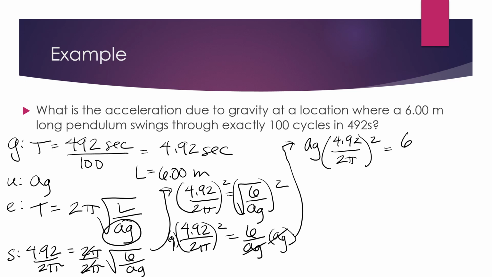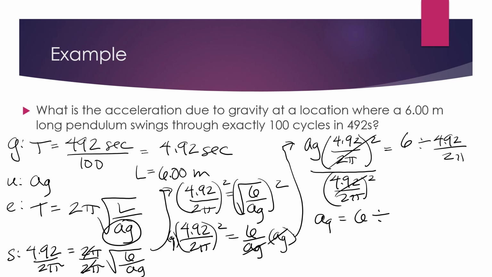All right, great. Now I've got to divide both sides by 4.92 over 2 pi squared. I'm going to simplify this and say it's 6 divided by 4.92 over 2 pi squared.